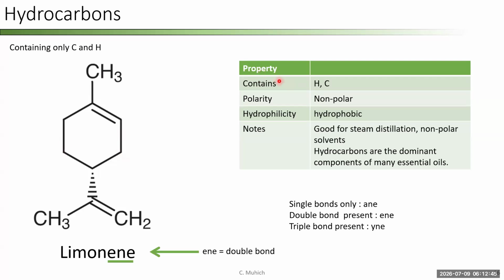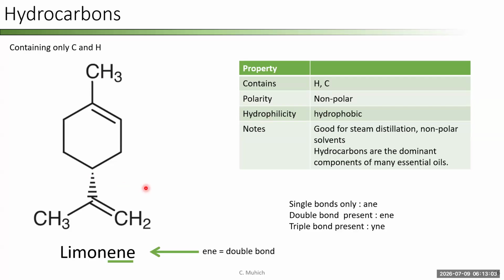So our hydrocarbons contain only hydrogen and carbon. They're nonpolar. The sharing of the electrons between carbon and hydrogen is pretty even, so we don't have a large localization of charge.